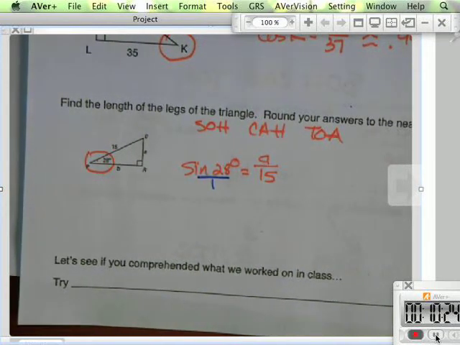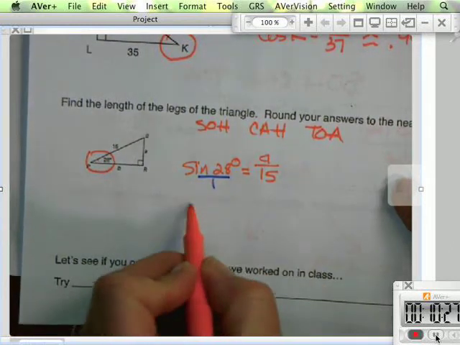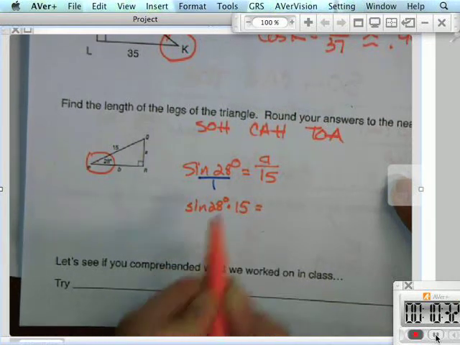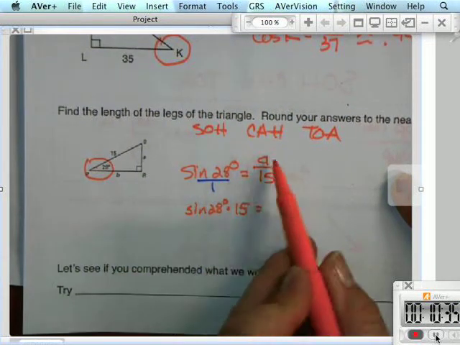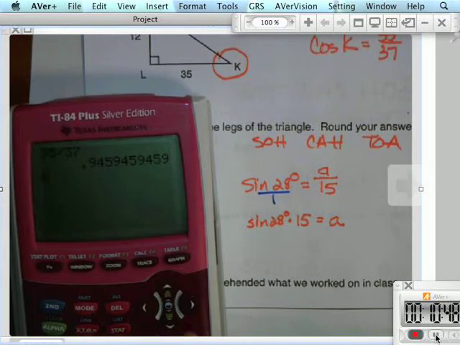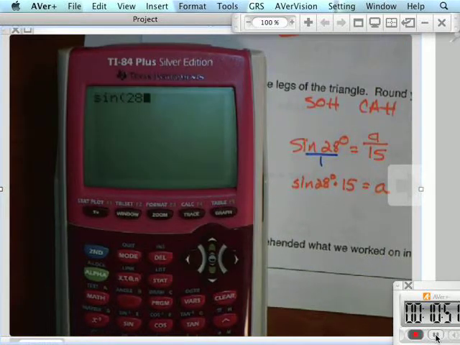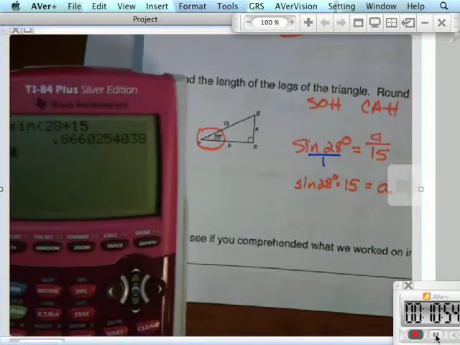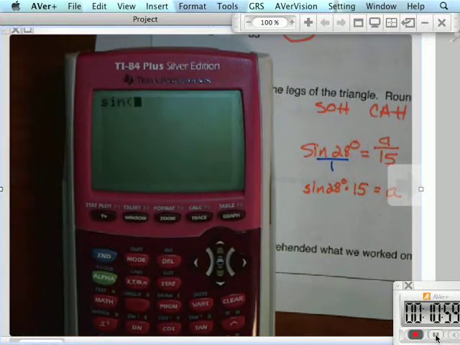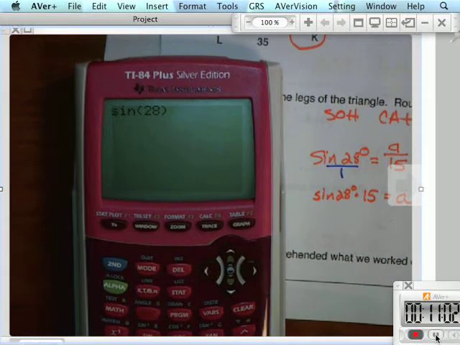So, sine of 28 degrees times 15, because I cross multiplied, equals A times 1, which is just A. So you go to your calculator, punch in the sine of 28 degrees, which is just a number, times 15. And that's your answer. You might, on the graphing calculators, have to close the parenthesis. 7.04. Otherwise you won't get the right answer.